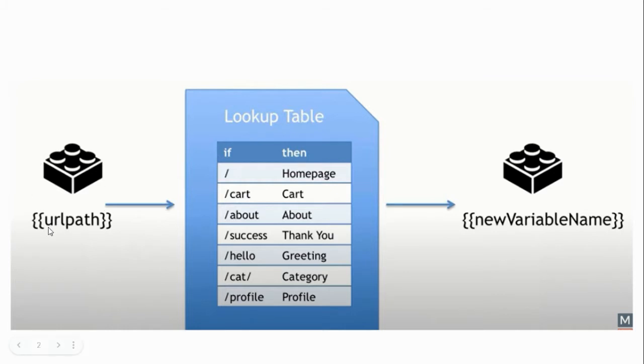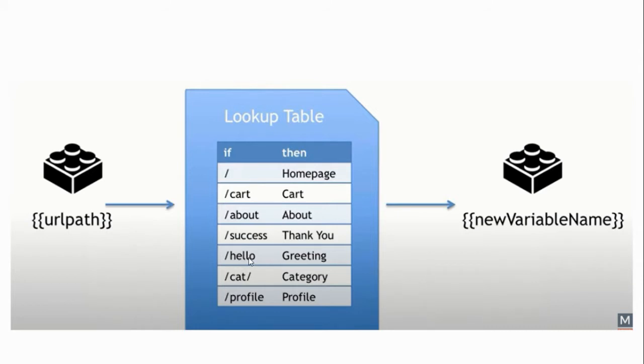Like we have this URL path, so we'll pass it to the lookup table, and suppose we have this hello. If the URL path matches this, then it will turn into greetings, and our new variable will be named as greetings. The URL should have an exact match.